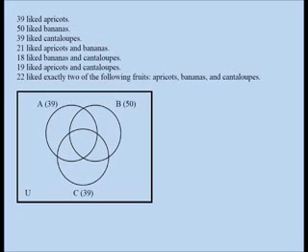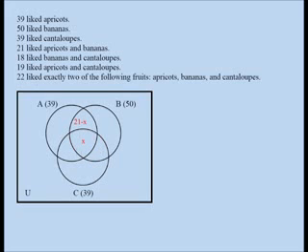So what we're going to do, we're going to pretend, we're going to call this x. If this is x, this has to be 21 minus x. And 18 like bananas and cantaloupes.